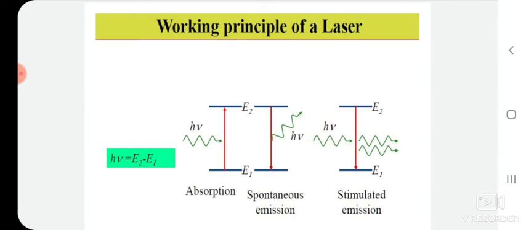Once that electron reaches the higher orbital energy level E2, it stays there for some small time. After that, it emits energy in the form of a photon equal to h nu, and it comes back to the lower orbital energy level E1 to become more stable.